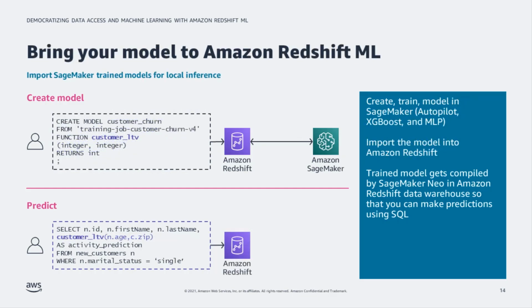Now, look at the second way the customers can interact with Redshift and SageMaker for machine learning. We also heard from our customer data scientists that they have already trained their machine learning models with XGBoost, MLP, or Autopilot, and do not want to retrain these models using the Redshift create model statement.